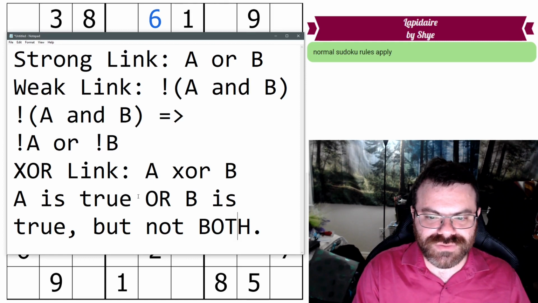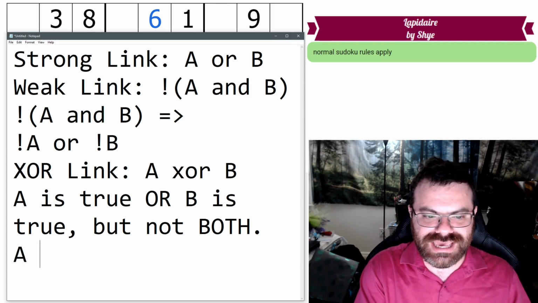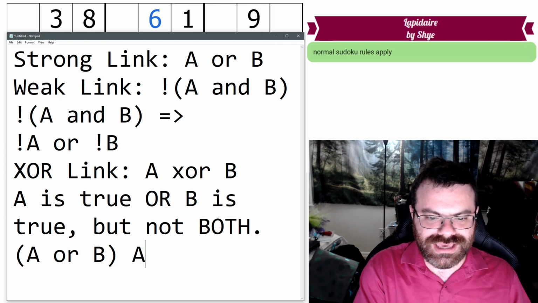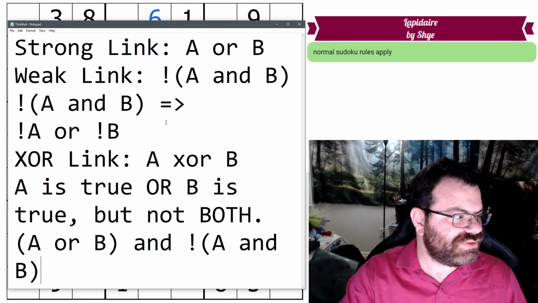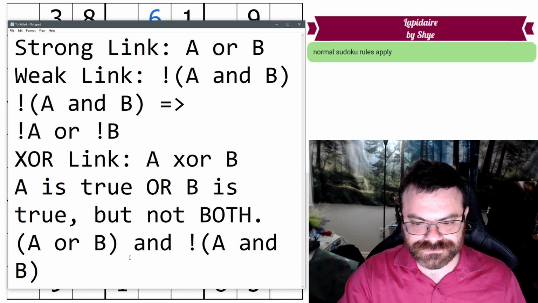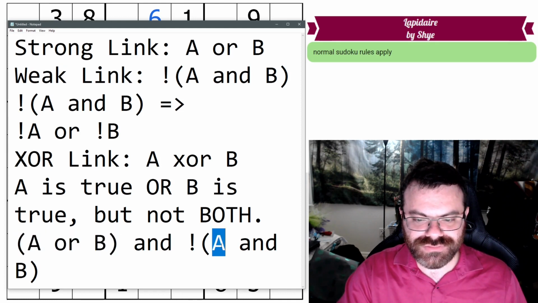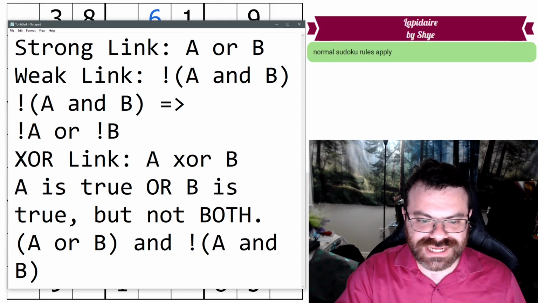So if you combine the strong link and the weak link, let me just make this a little bit bigger, then what we're saying is A or B and not (A and B). And if you think about it, that is the same as having an exclusive OR condition where one of them's true, but not both of them. So there you go. That's an XOR link.